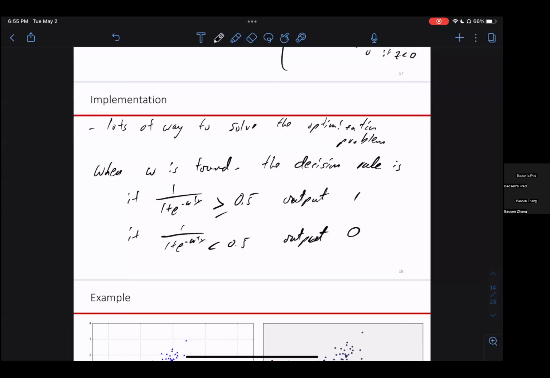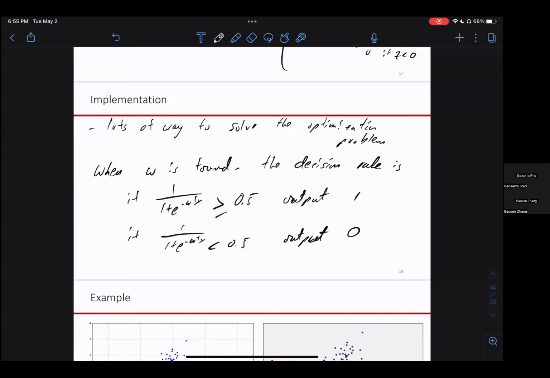All right, if you look at this rule, there's actually an easier way to evaluate this. You don't need to evaluate 1 over 1 plus e to this thing. You can just directly evaluate this inner product.